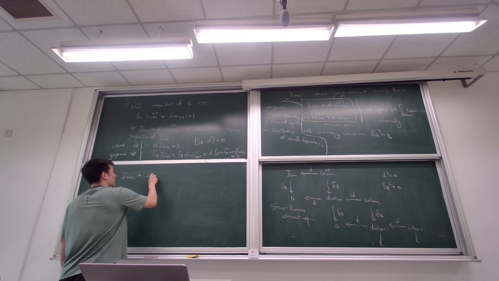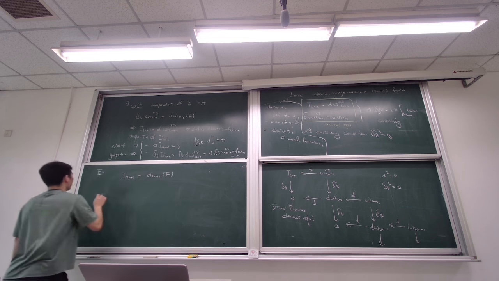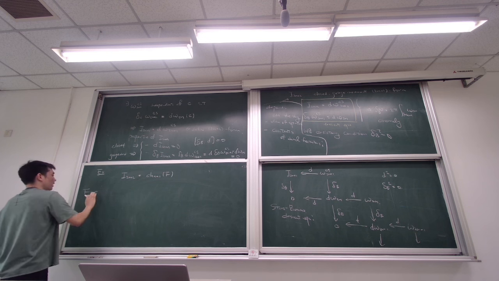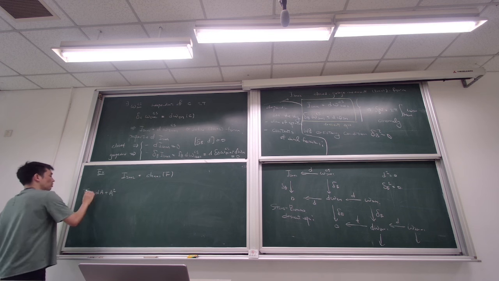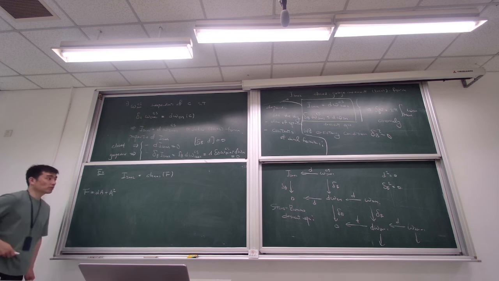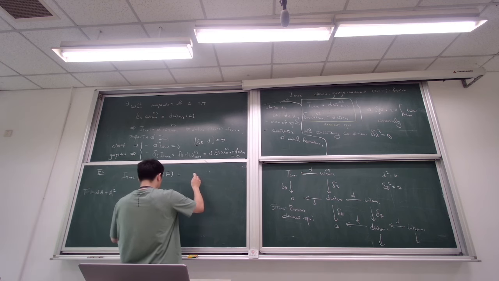It's called the Chern class of n plus 1 of F. So F is dA plus A squared. It's usually a form of curvature or field strength of the gauge field, whatever you call it.